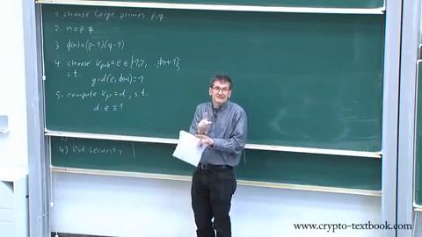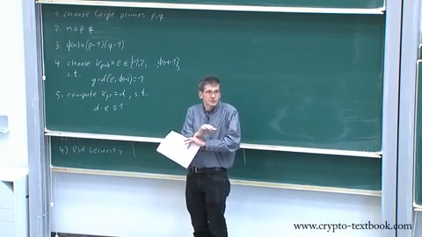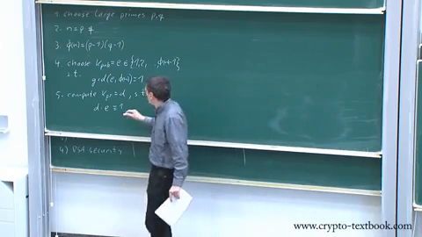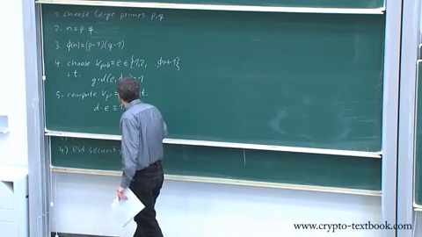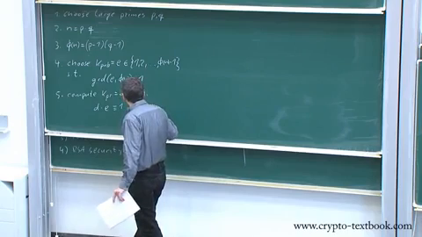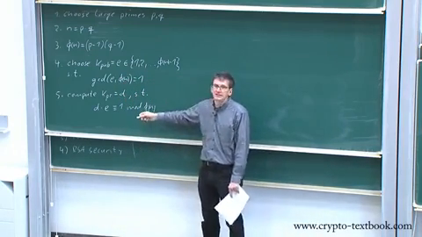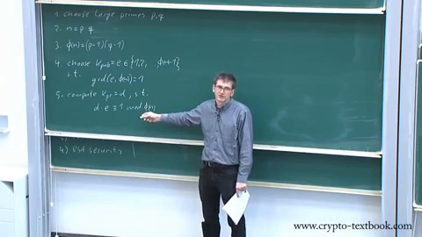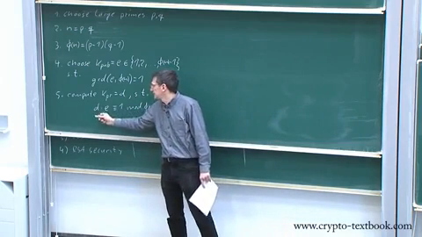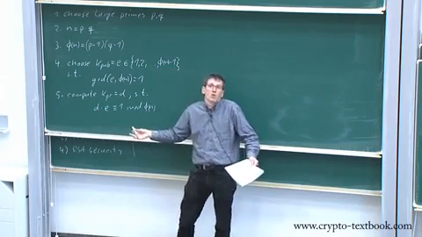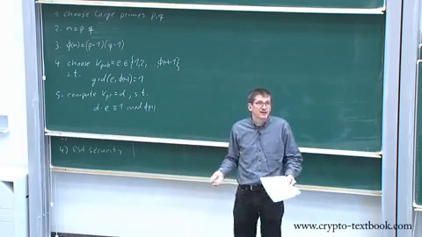Modulo phi of n. And I warn you, because this is a beautiful thing to make mistakes here, and I'll tell you in a second why. For the key generation, we do arithmetic modulo phi of n. That means the two keys are the inverses of each other modulo phi of n. Why is it easy to make mistakes?